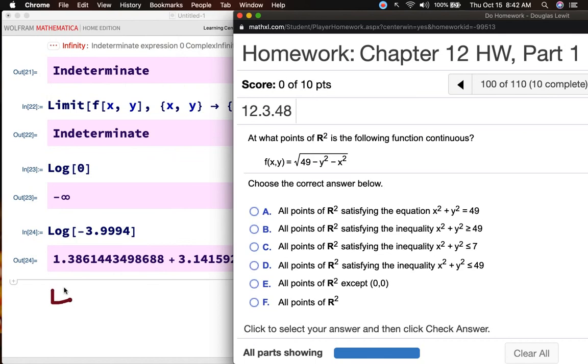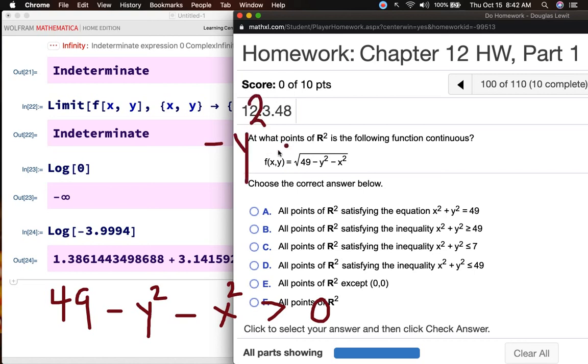So we're going to have 49 minus y squared minus x squared has to be greater than 0, which means that negative y squared minus x squared has to be greater than negative 49.